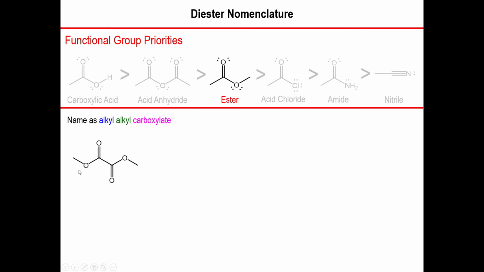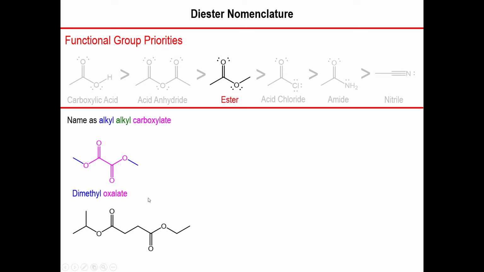Right now, in this example, they both happen to be the same. We have a methyl attached to the singly bonded oxygen. We have another methyl attached to the other singly bonded oxygen. So it's basically a dimethyl derivative. And if you look carefully at the rest of the molecule, that's basically the conjugate base of oxalic acid. So this ought to be oxalate. So the name itself would just be dimethyl oxalate.